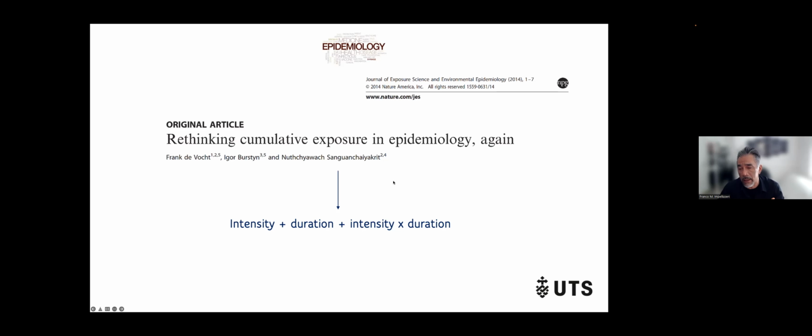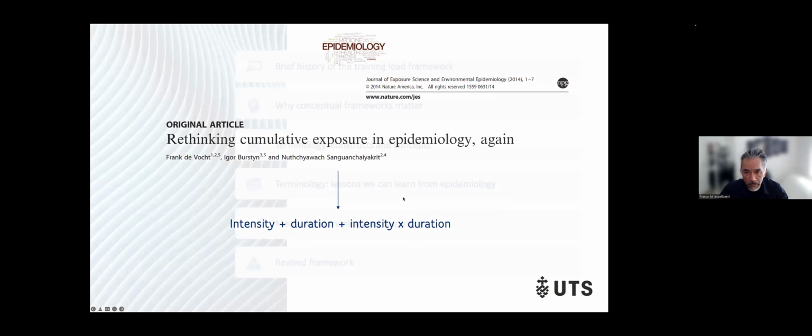So the fact that we validated the session RPE in soccer doesn't mean that I'm just focusing on session RPE as a single term. That's just a personal clarification. Actually, I rarely use intensity by duration alone, even at that time.